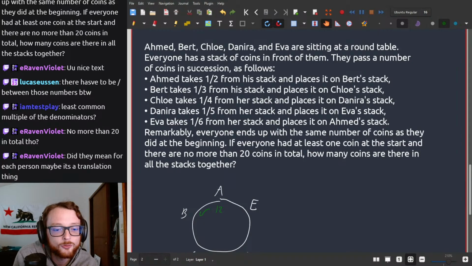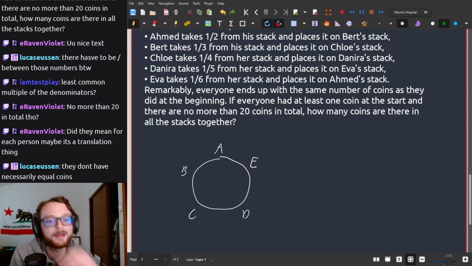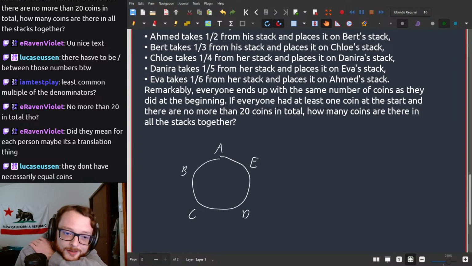Yeah, it's possible there's a translation issue. They end with the same number of coins as they did at the beginning. They don't necessarily have equal coins, right? Yeah, that makes it so much harder.